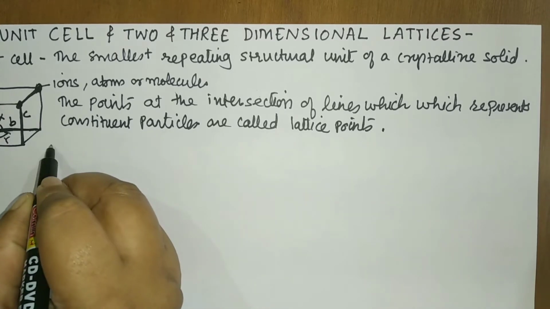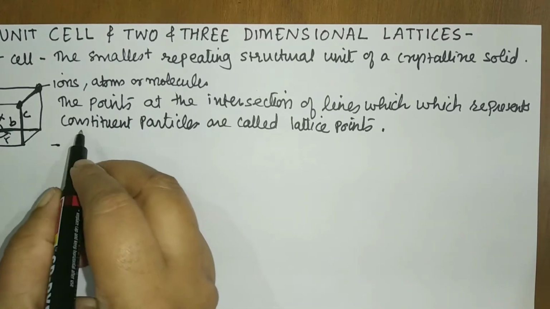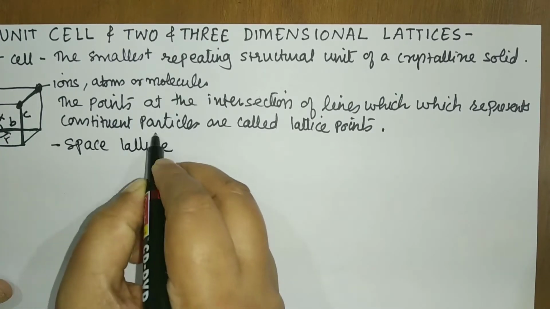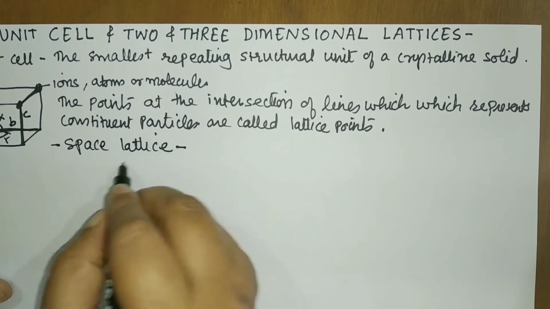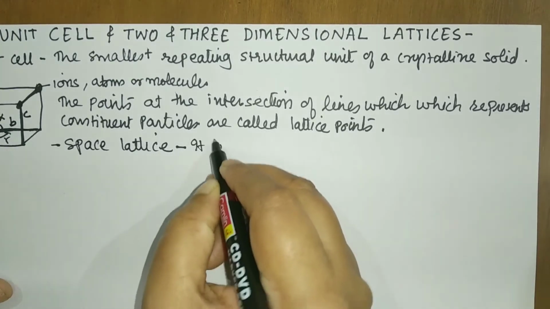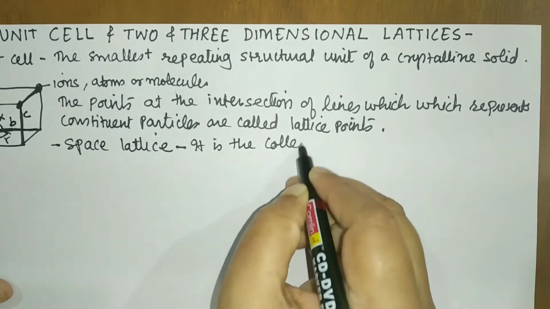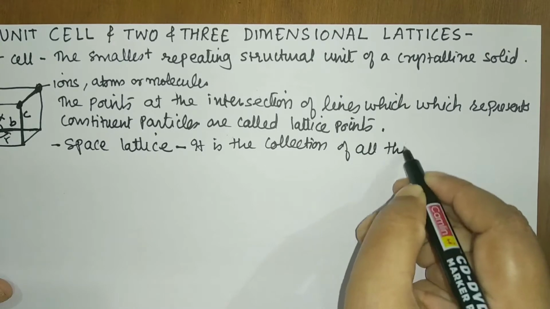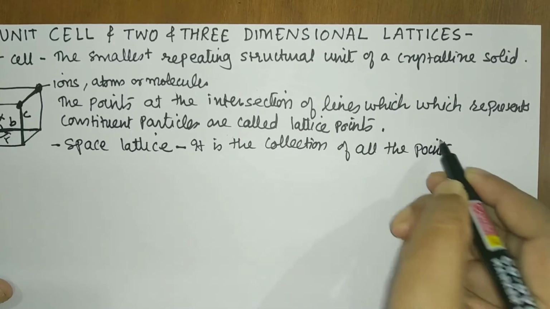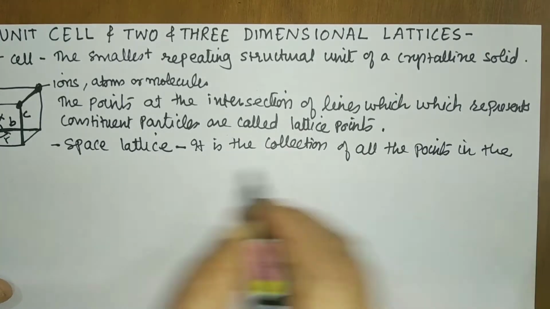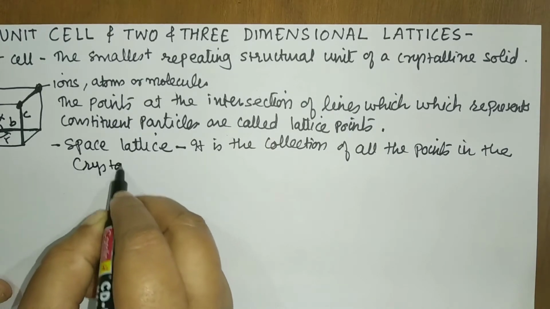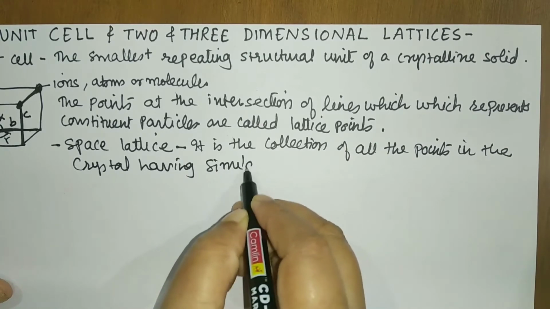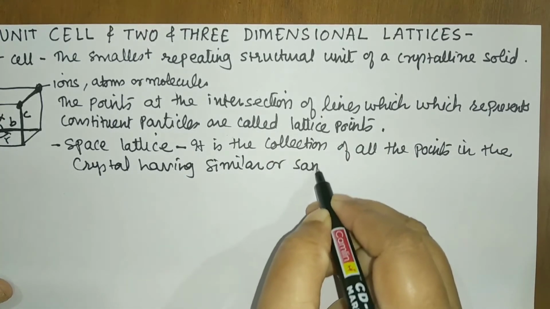Now next we have to see what is the space lattice. Space lattice is the collection of all the points in the crystal having similar or same environment.